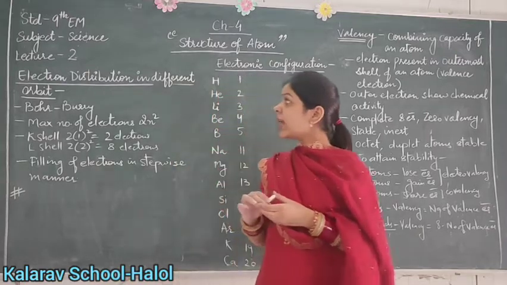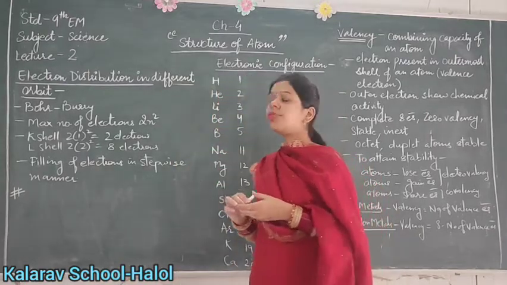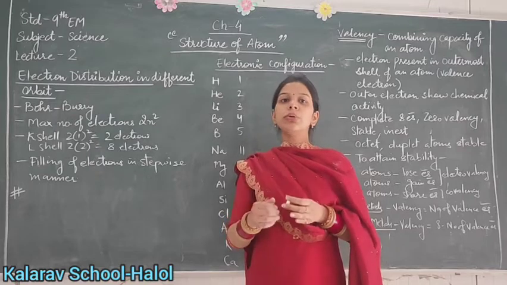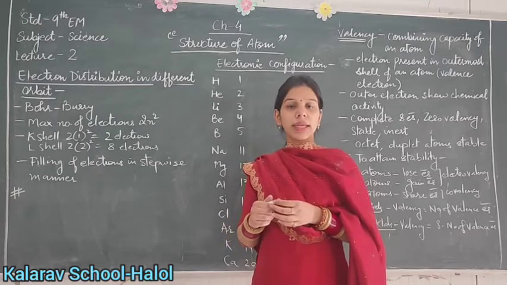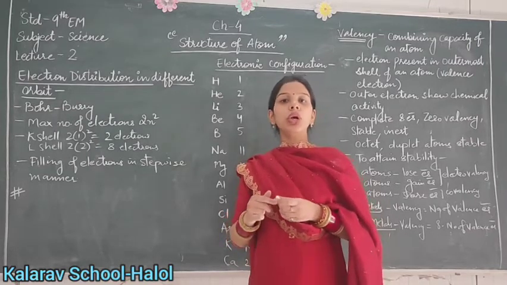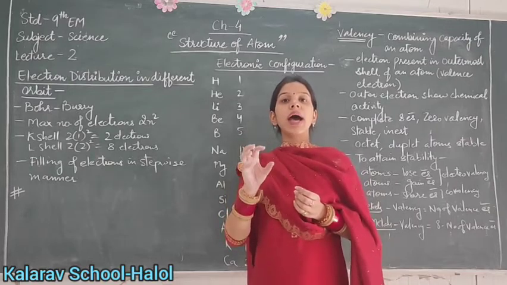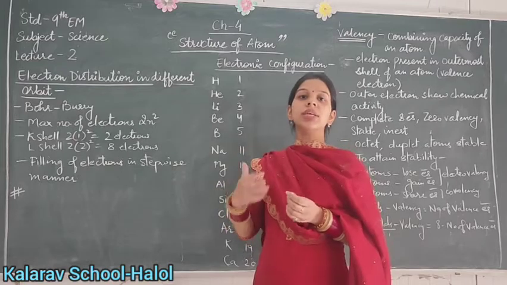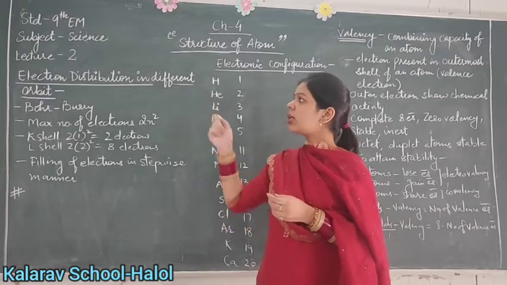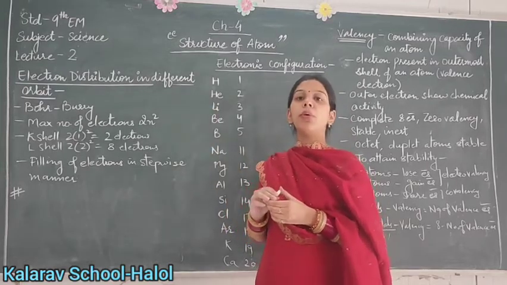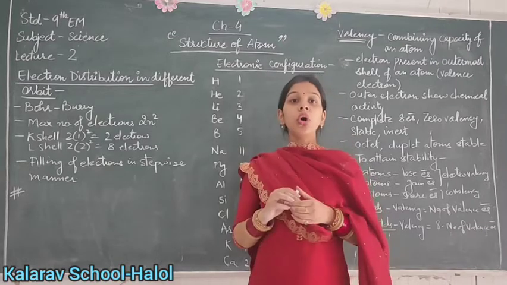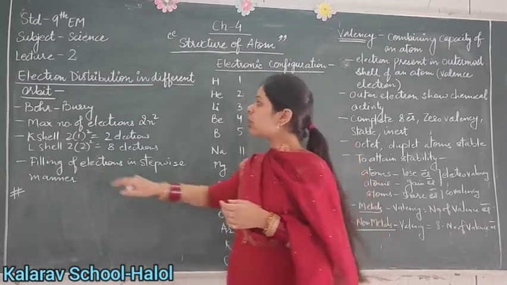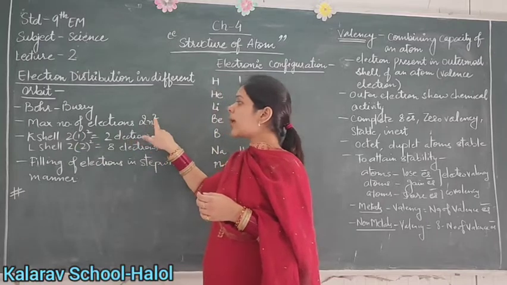So next is electron distribution in different orbits. This distribution is given by Bohr and Bury. As Bohr told you, the electrons are arranged in shells, and how they are arranged is given by the electron distribution. In a shell the maximum number of electrons is 2n square.